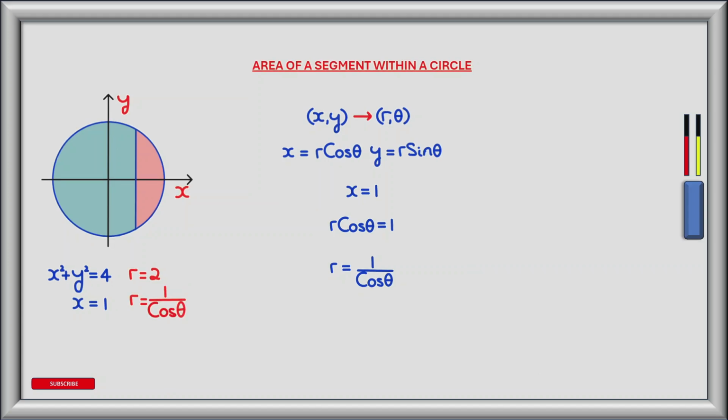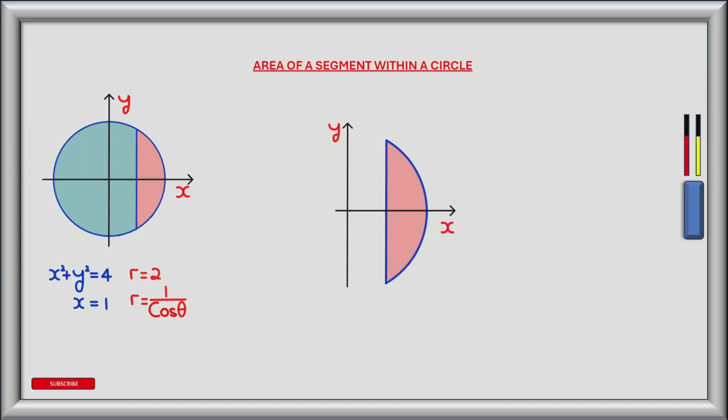Now that we've found the radial distance r for the circle and the vertical line, let's look at the behavior of r as we use it to compute the region shown in red. As r rotates in a counterclockwise direction between, at this stage, unknown angles of theta, where theta is the angle r makes with the x-axis, the radial distance covering the area shown in red is determined by both the vertical line and the circle.